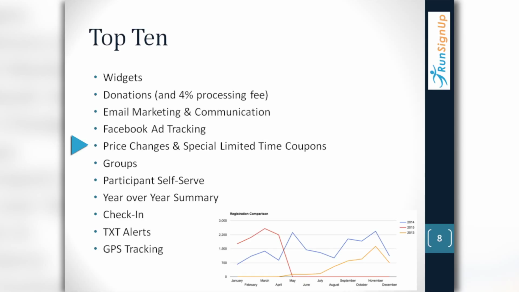Price changes and special limited time coupons. This is the other thing that the web marketing companies do. They create deadlines. They may be a little artificial. There's one company that every Wednesday their price increases from 20 to 40. Guess what day is their biggest day? Wednesday. I'm not suggesting that your race do that, but you've got a race in the springtime.